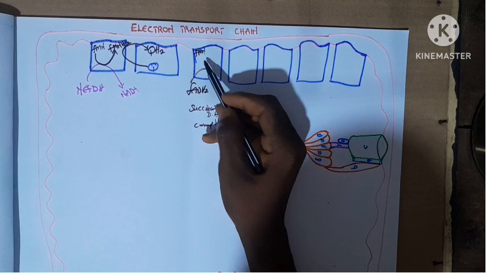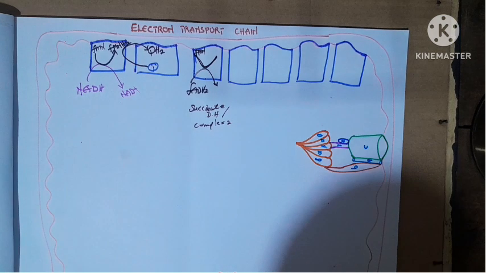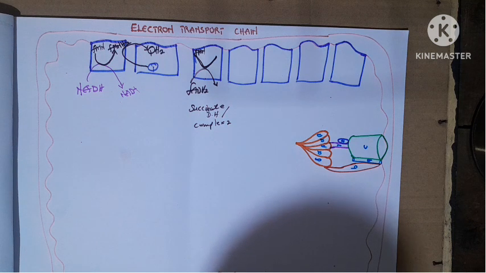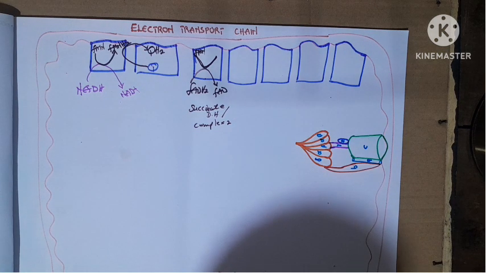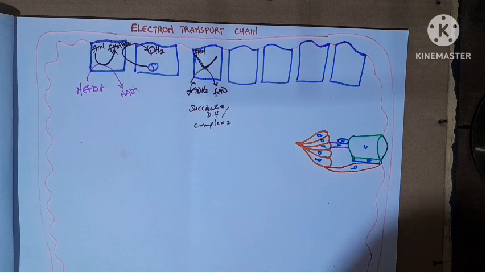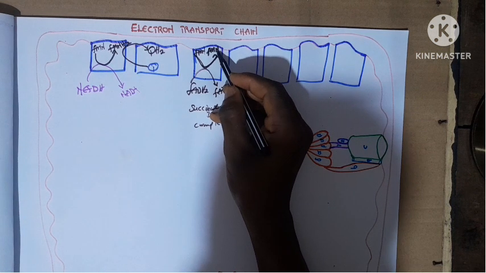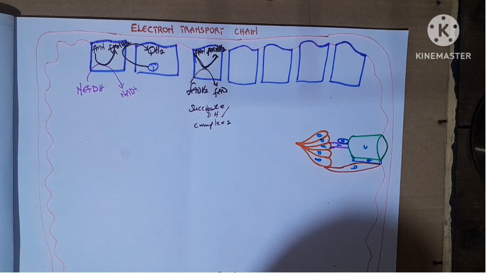FADH2 will get converted to FADH, and then the flavin mononucleotide will also get converted to flavin mononucleotide carrying electrons, the electrons which it picked up from the FADH2.